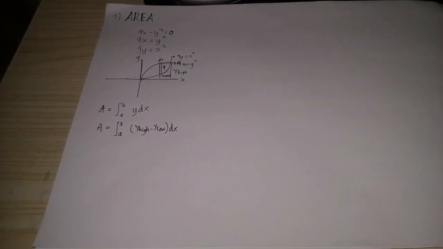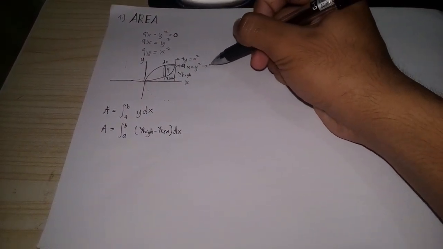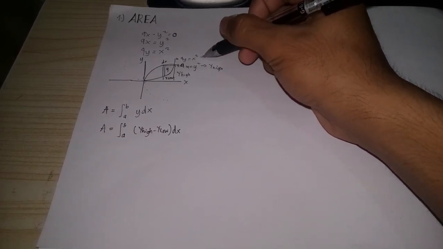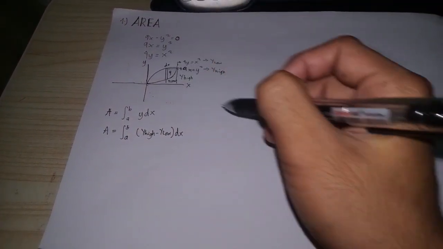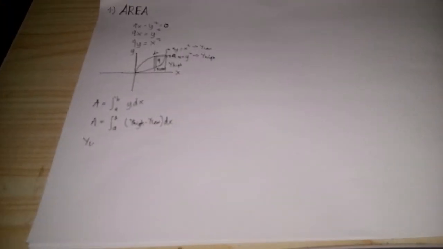So the y high would be this one here, the 9x. This is the y high, then this here is the y low. But that's not it yet. We need to get the original value of y high and y low.